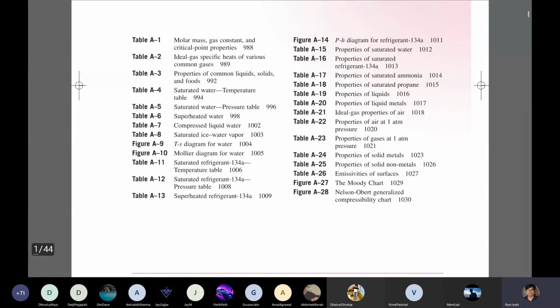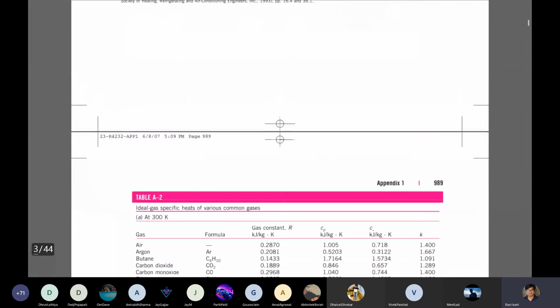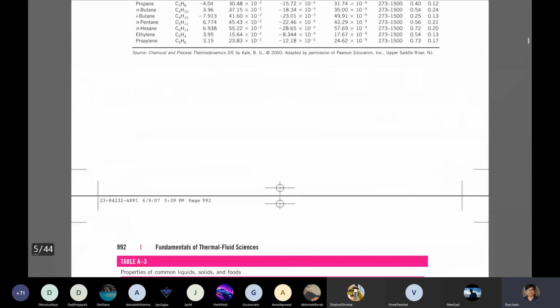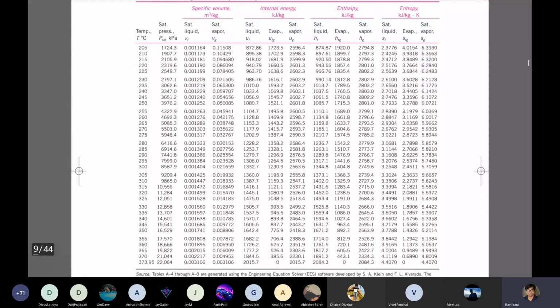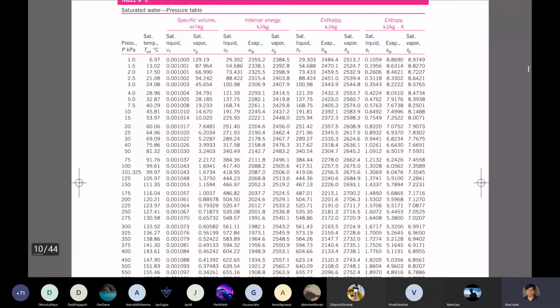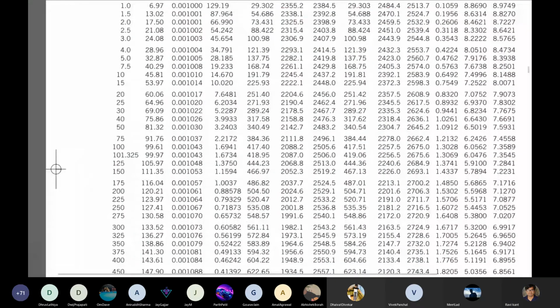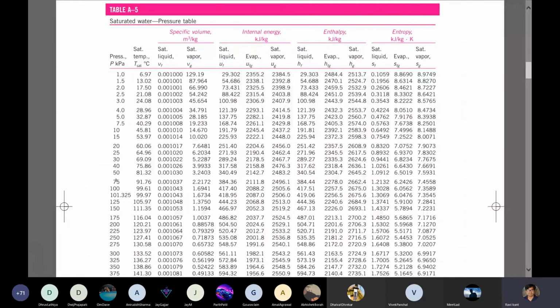Is this table visible? Yes, sir. Okay, so we have to go to the saturated water A4 or maybe A5 pressure table, since pressure is given. You should also follow that parallelly. So in A5 we have 75 kPa. We should follow this particular row.